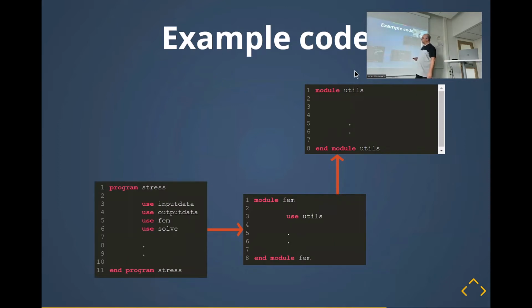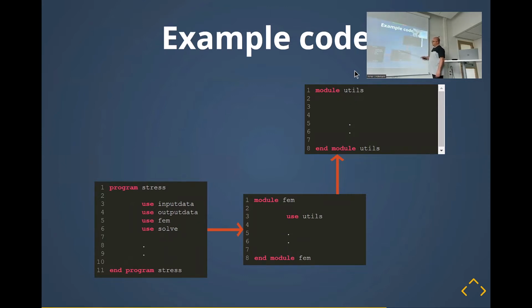You can see in the program, we call it stress, and we use input data. This is very similar to the import statement in Python. So this is a Fortran module, and you use it with the use statement. And then all the subroutines and variables that are public become available. Then you have output data, FEM, and solve. So now all these subroutines are available in your main program.